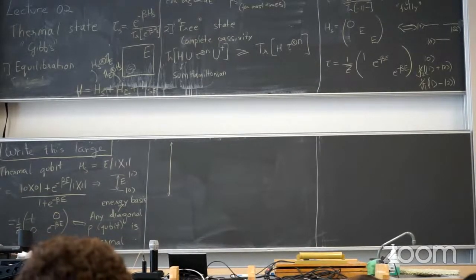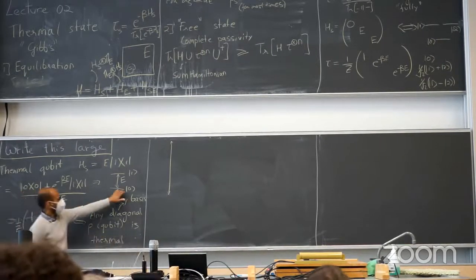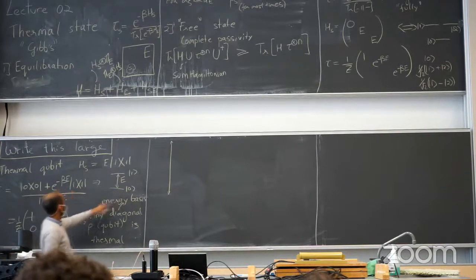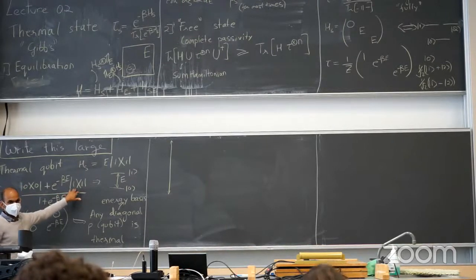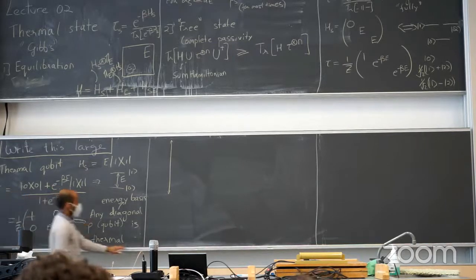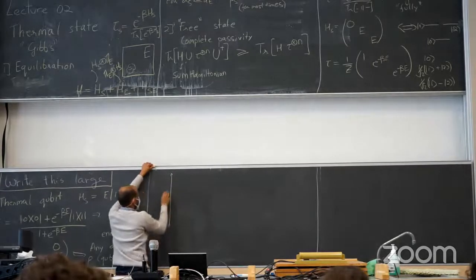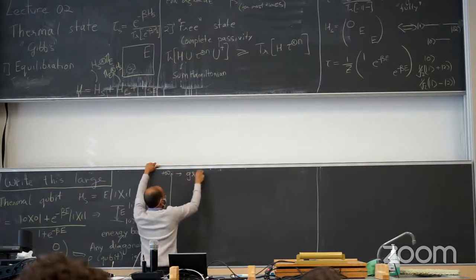So if tau is a state that is entirely in 0, so there's no population in 1 and the state is really a pure state of 0, what will beta look like? Well, that means that the amplitude of the 1 state must go to 0, or the population in the 1 state must go to 0. This value must go to 0. So beta must go to plus infinity. So if this is the scale for beta, and this is plus infinity, this is the ground state.